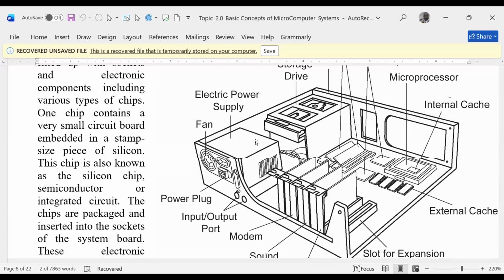We don't connect the mouse to a computer power, and we don't connect the keyboard to a power switch. They all get their power from the power supply. So the power supply provides electrical power to all the components inside the system unit.